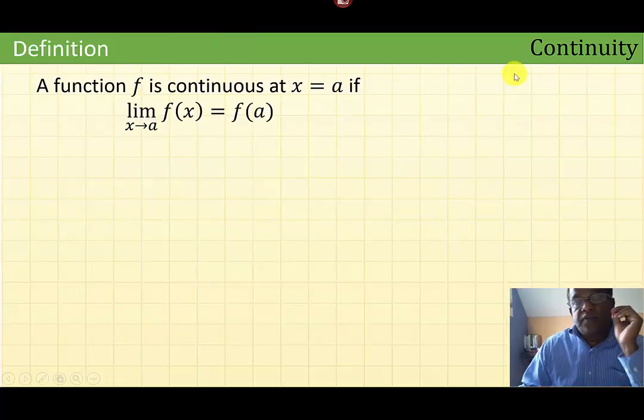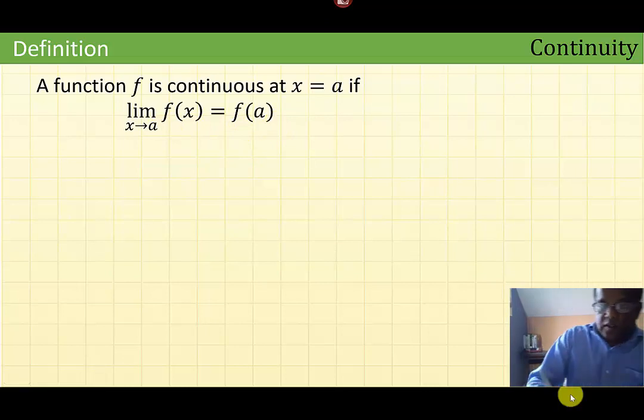Now let's look at the definition of continuity of a function at a point called a. A function f is continuous at a if limit as x goes to a of f of x is equal to f of a. So basically a function is continuous if the limit is the same as the value of the function at that point. This actually has 3 conditions in it.